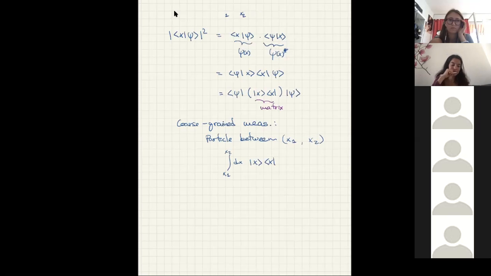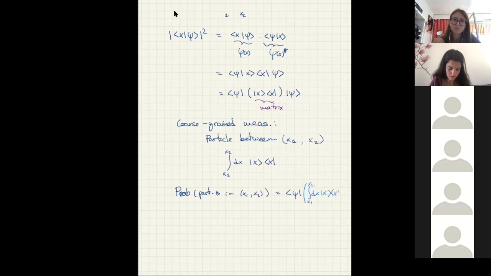And the probability that the particle is in this interval x1 to x2 is going to be ⟨psi|, and now we introduce this thing, the integral from x1 to x2 of dx |x⟩⟨x|, and now here comes again |psi⟩.